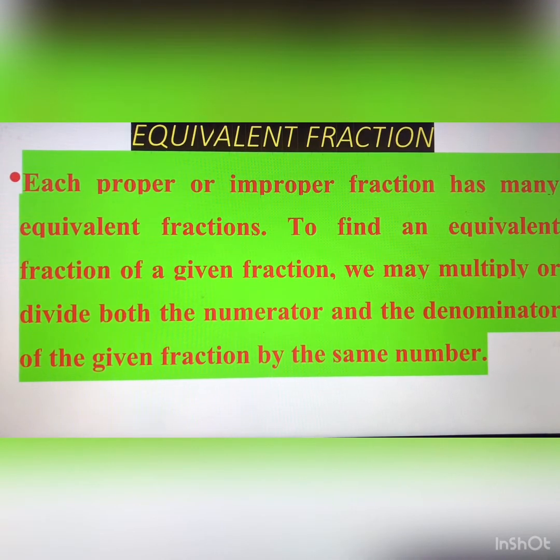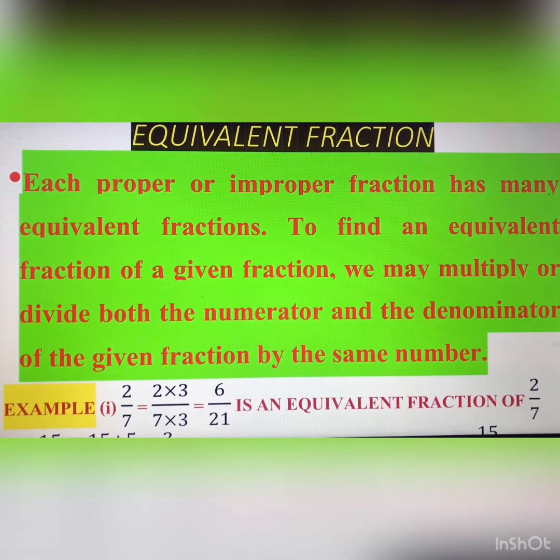Means, if a fraction is given and you divide the numerator and denominator by the same number, then you will get an equivalent fraction. Otherwise, if you multiply the numerator and denominator both by the same number, then you will get the next fraction, that is an equivalent fraction.